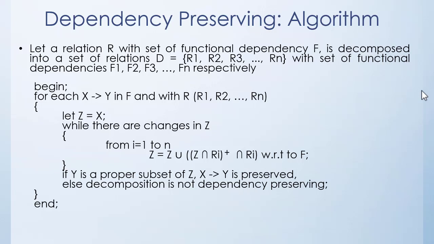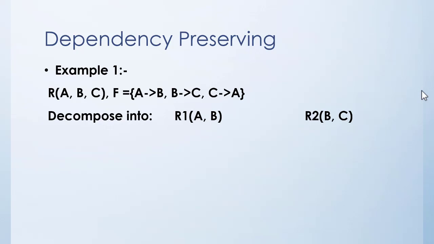In our first example, let us take R as a relation with three attributes A, B and C, where the functional dependency set F is given by A determines B, B determines C and C determines A. Now, R is decomposed into two relations: R1 with attributes A and B, and R2 with attributes B and C. What is the functional dependency present in R1?